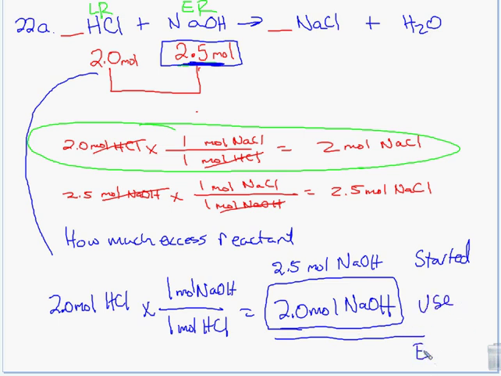How much are we going to have excess? 0.5 moles NaOH excess. So to find the excess, you always draw the box from the limiting reactant to the excess reactant, and you find out how much did we actually use of that excess reactant. You subtract that from how much you started with, and there you have your answer.